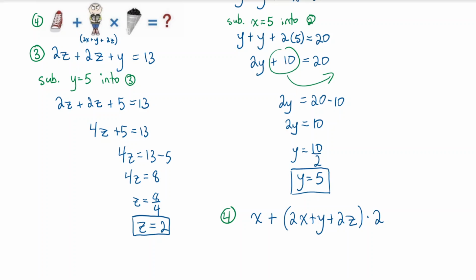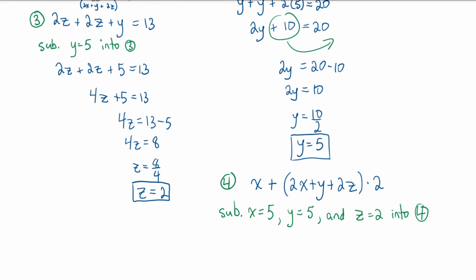And that is going to help us get our answer eventually. So let's substitute in our values: x equals 5, y equals 5, and z equals 2 into our equation 4.